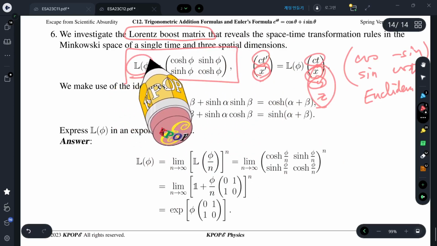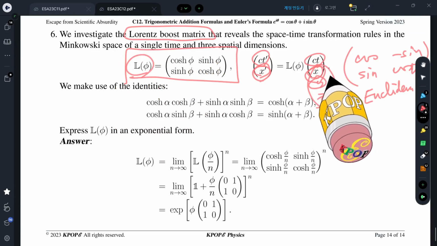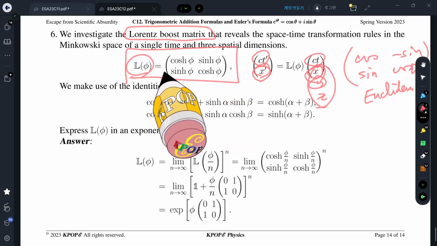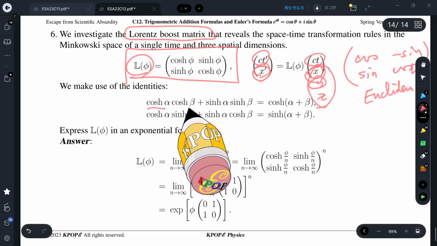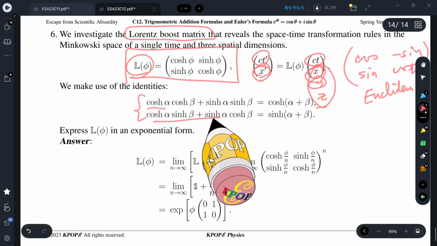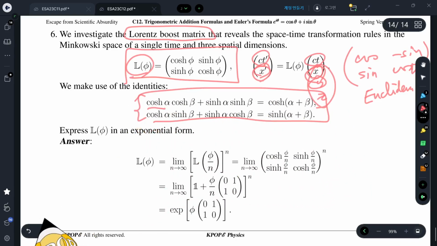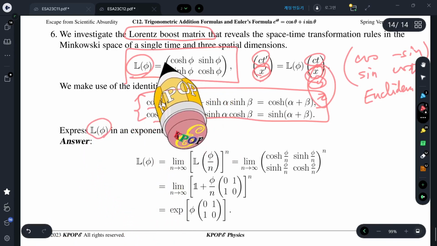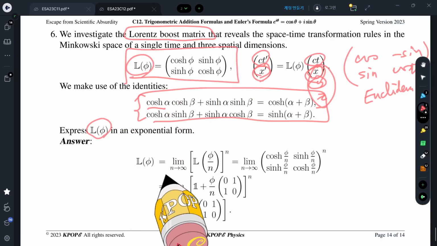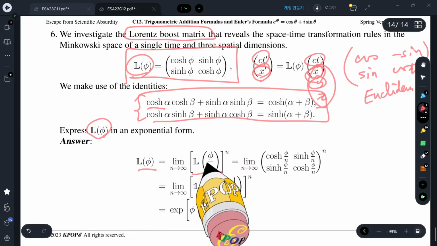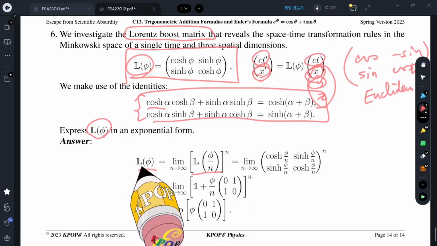This transformation of space-time coordinates, according to Einstein's special theory of relativity, is determined by the hyperbolic cosine and sine, and we just make use of these identities. Why don't we apply the same rule for the boost, n boosts with 1/nth of the angle?